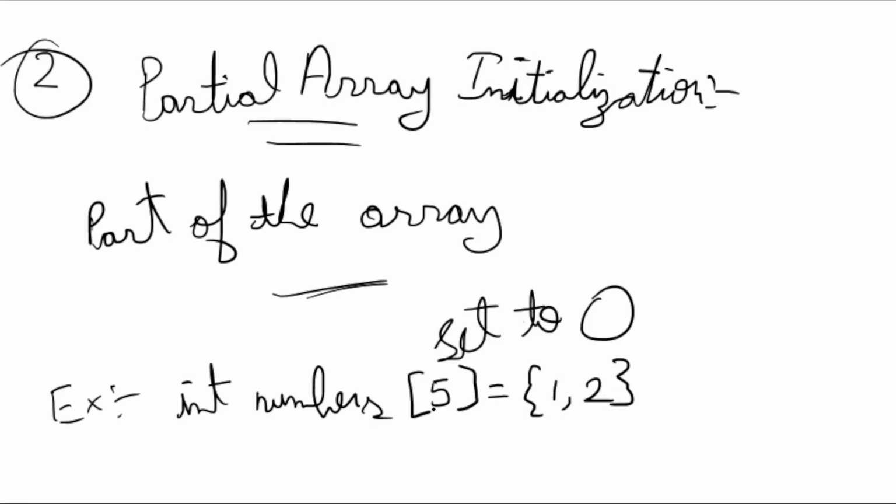I have given the size of 5, but I am giving only 2 elements, 1 and 2. So when the array gets initialized, it will show only 1 and 2, and the rest of the 3 will be 0, 0 and 0. This will come as output. I'll show you in the code block as a practical implementation. So this one is for partial array initialization.